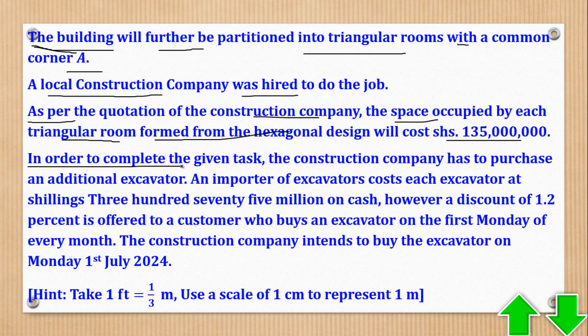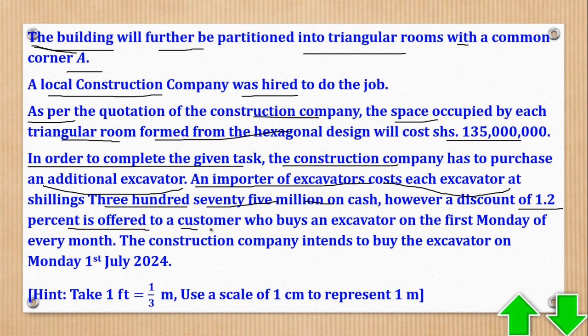In order to complete the given task, the construction company has to purchase an additional excavator. An importer of excavators costs each excavator at shillings 375 million on cash. However, a discount of 1.2% is offered to a customer who buys an excavator on the first Monday of every month.